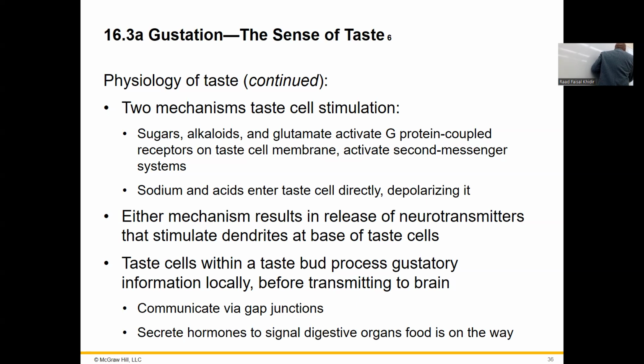Let's assume that this is the plasma membrane. The plasma membrane has polar heads and it has non-polar tails. Polar heads and non-polar tails. If you are non-polar, you can easily cross through the plasma membrane.